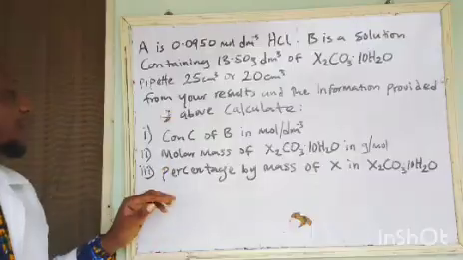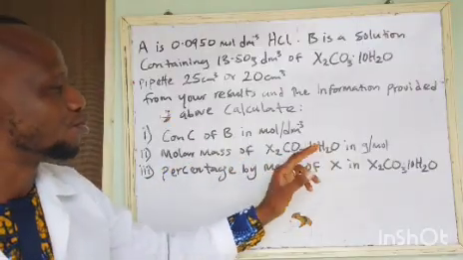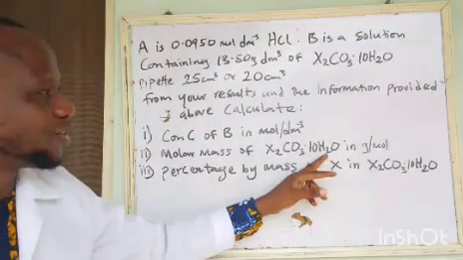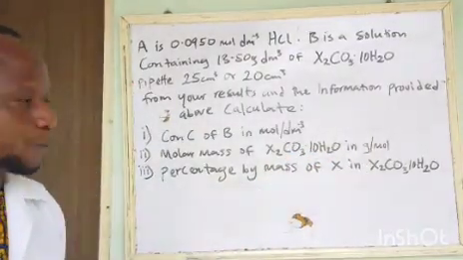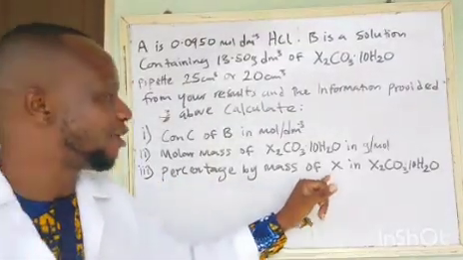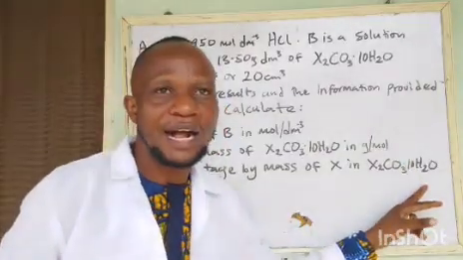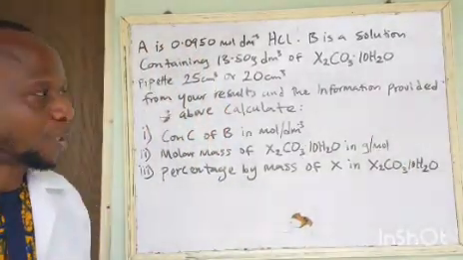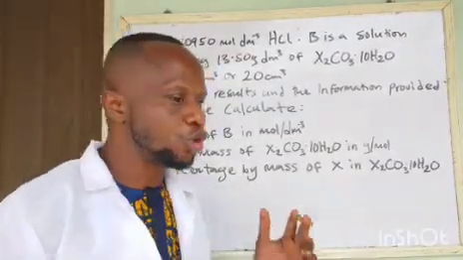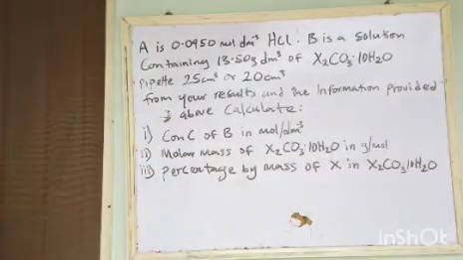Then the second question says the molar mass of X2CO3 decahydrate in gram per mole. Then the third one says percentage by mass of X in X2CO3 decahydrate. Now, step by step, please pay attention as we go through the calculation process here.